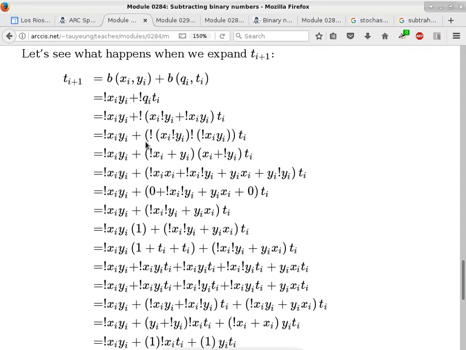So in this case, I have a negation on the outside and a disjunction on the inside. So what I'm doing is applying De Morgan's law to distribute this negation into the terms of the disjunction. But by doing that, I also have to change the disjunction operator into a conjunction operator. And that's why we went from here to here.